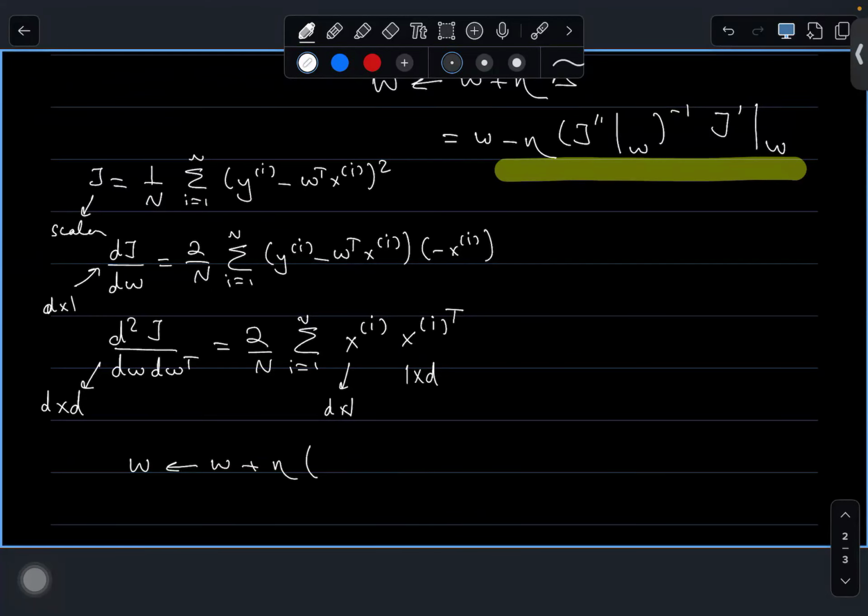My first derivative has this minus x in it, so let's put a minus there.